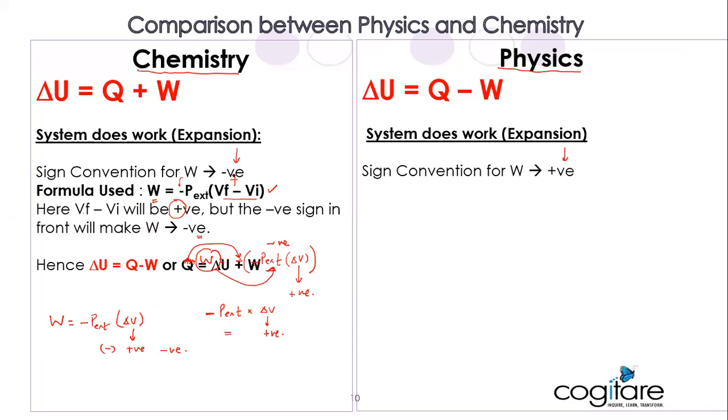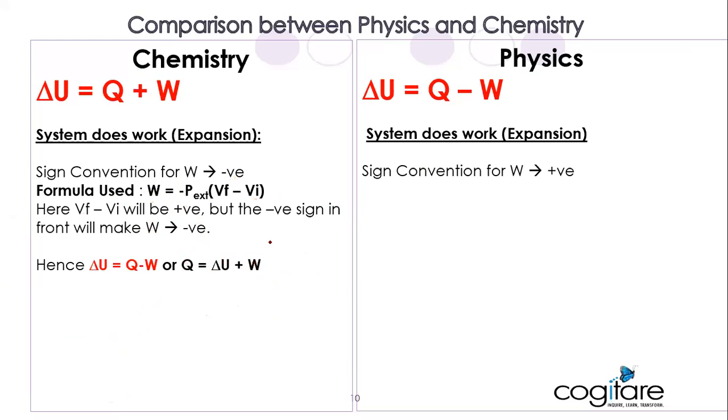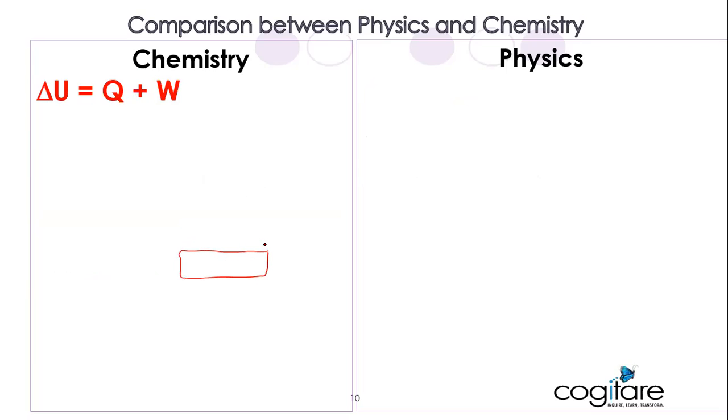What about the case of, okay, hold on. So if you apply it now, what will you get? Delta U is equal to Q. In this specific case, W is becoming minus W. So we say Q minus W, or Q we will say is delta U plus W. In fact, this is what we have seen yesterday.